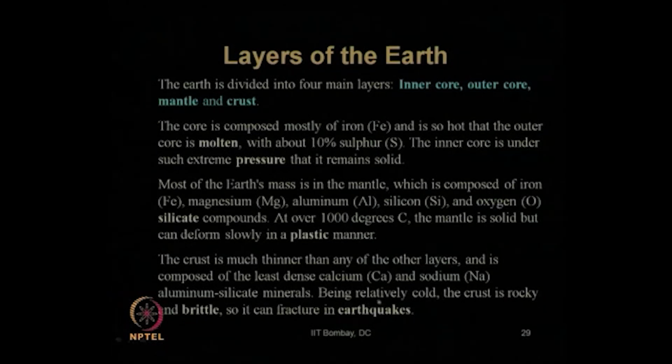And we found that among these layers, the coldest one is the crust, the outer layer, and it is the thinnest layer. The crust is a rocky and brittle material, so it can break very easily. That creates the fractures through which we face earthquakes, through the release of energy from the earth's interior.